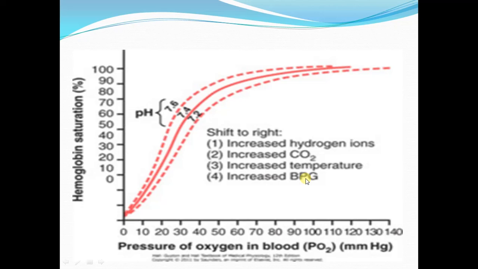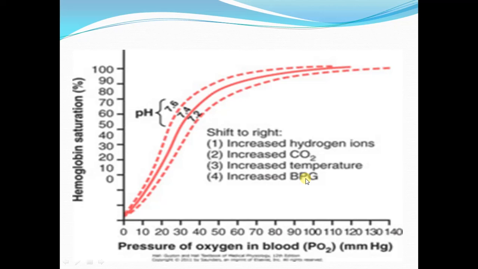P50, again I am repeating, is a value which can give us a fair idea about the oxygen hemoglobin dissociation curve. Now what is this P50?